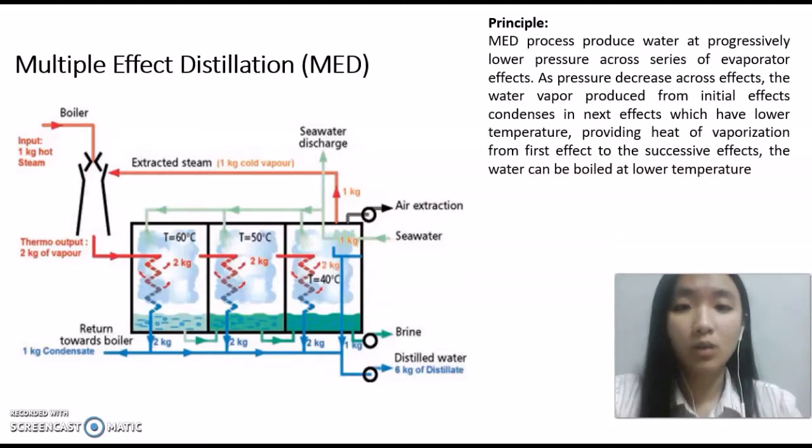As pressure and temperature decrease across effects, the water vapor produced from the initial effects will be condensed in the next effects, which have lower temperature, providing heat of vaporization from the first to the successive effects, so the water can be boiled at lower temperature. At last, fresh water is collected inside the vessel, whereas the concentrated brine will flow to the bottom and be removed.